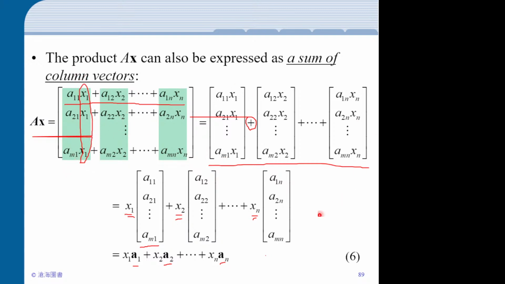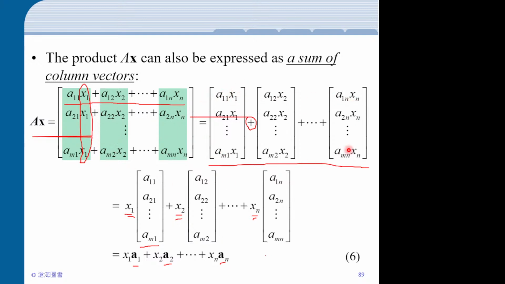It's pretty obvious from the drawing here: this vector plus this vector plus so on, plus this vector. So we can see it as n column vectors adding together.